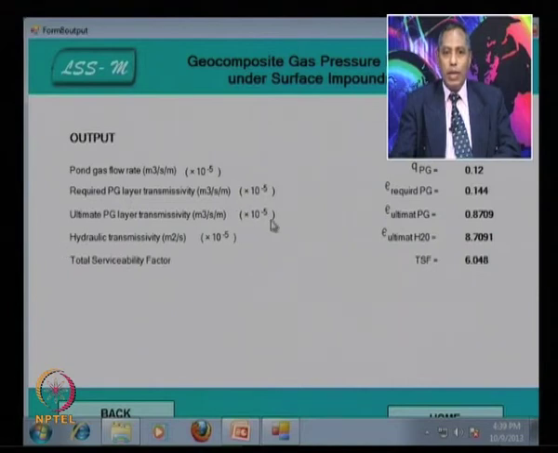Then ultimate PG layer transmittivity, meter cube per second meter times 10 to the power minus 5, is 0.8709, and the hydraulic transmittivity times 10 to the power minus 5, in meter square per second, that is theta, is equal to 8.7091, and total serviceability factor TSF is equal to 6.048.